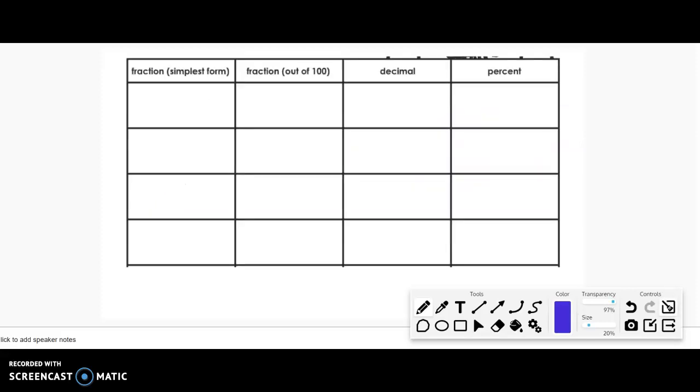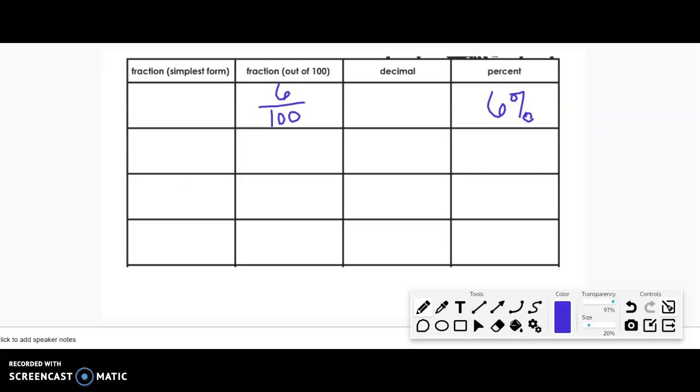We'll do some examples. Say I start with 6%. Well, 6% is going to be 6 hundredths, so I can even skip over to do my fraction out of 100 next. I don't have to go in any particular order because I can go from percent to decimal or percent to fraction, fraction to percent, fraction to decimal.